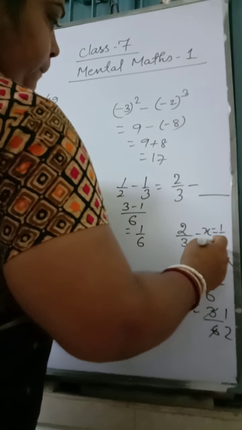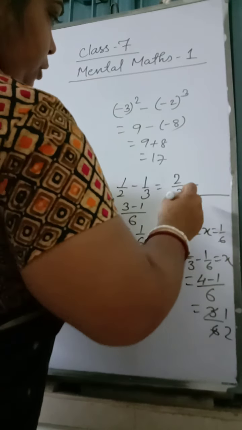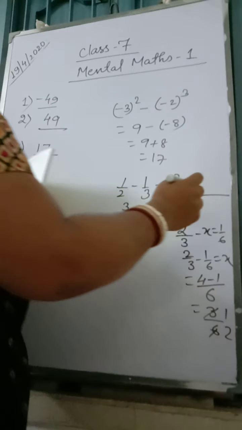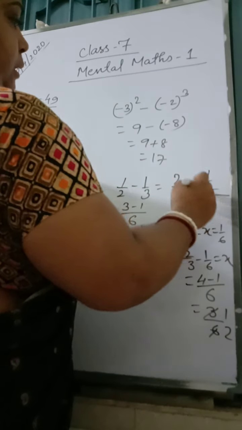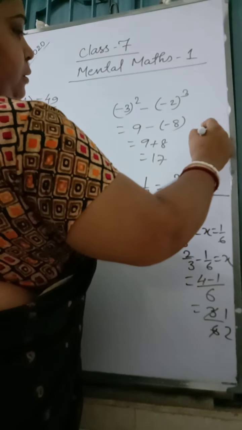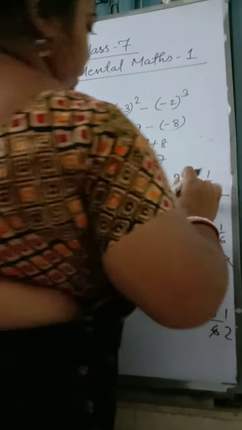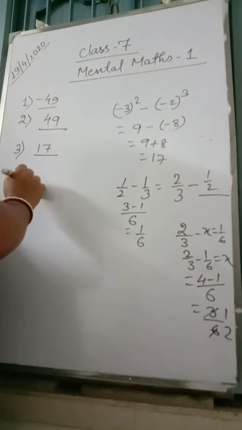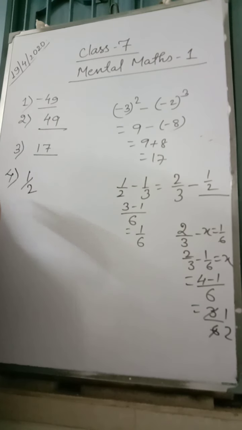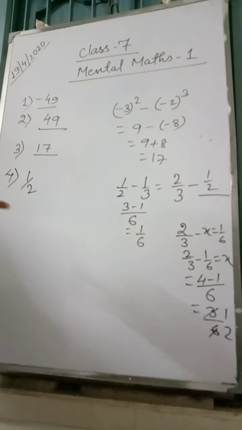Let me check: this answer should come if I subtract 1 by 2 from 2 by 3. 3 twos are 6, 4 minus 3, 1 by 6. Yes, so the answer is 1 by 2. So when we subtract, we'll get this answer.